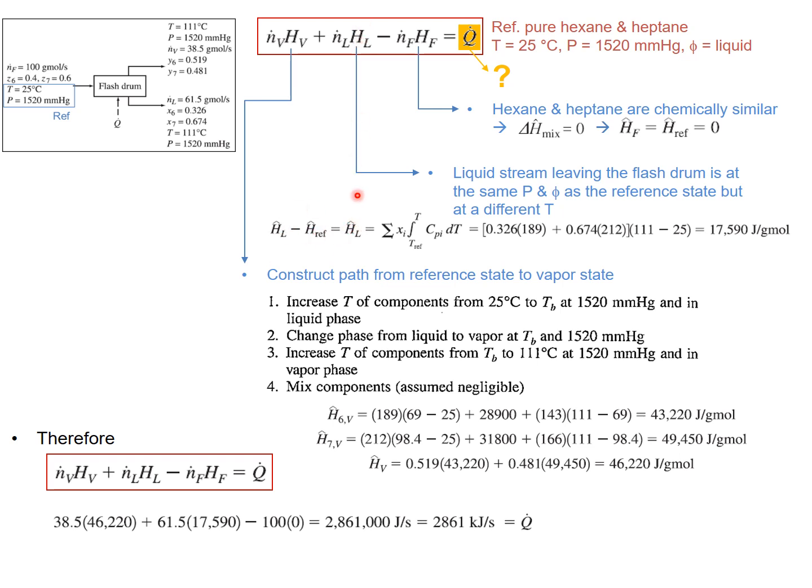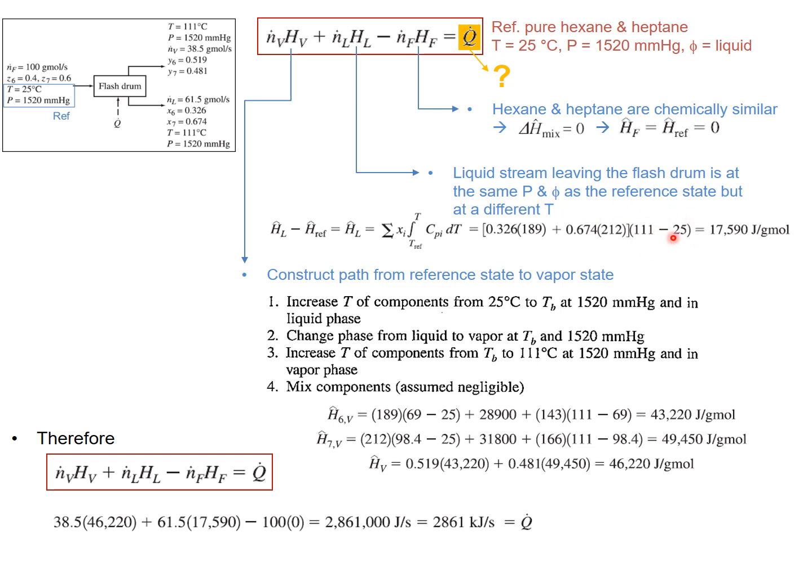This one, HL, the specific enthalpy of liquid, is the heat capacity of hexane and the heat capacity of heptane, with the hexane composition and heptane composition. That is the averaged heat capacity with temperature difference.